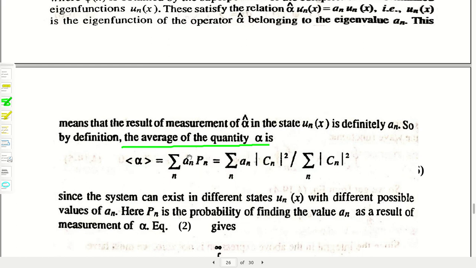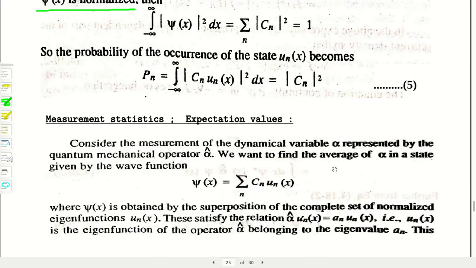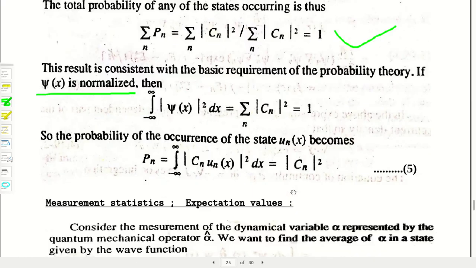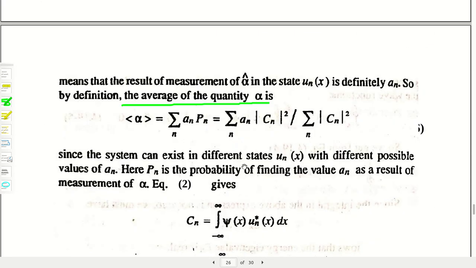So in quantum mechanics, you know the probability of finding the system in the nth state is mod Cn square divided by the sum over mod Cn square. From equation number 4 it is written. So it is again a generalized calculation.